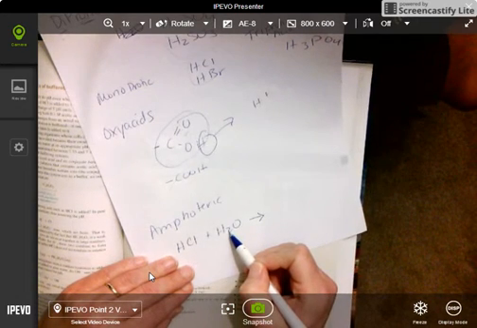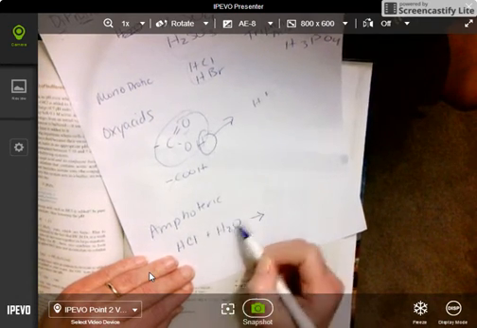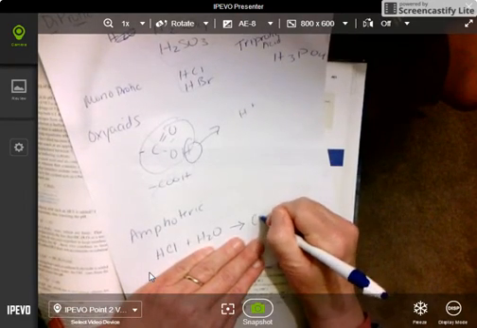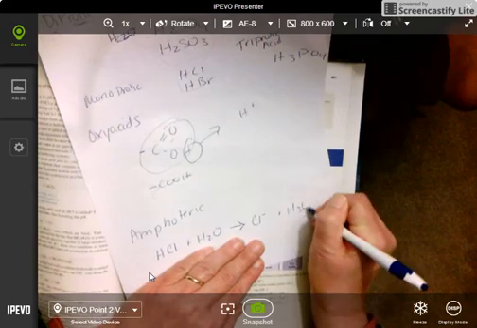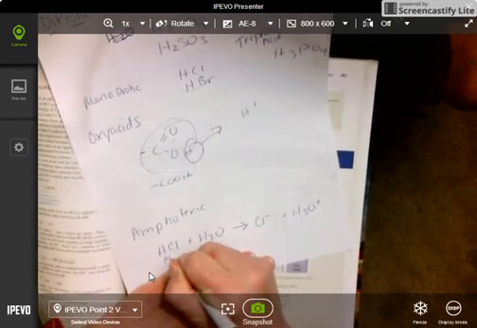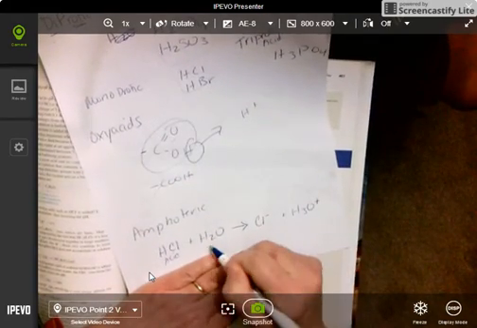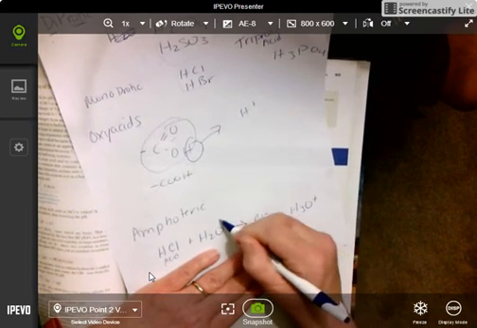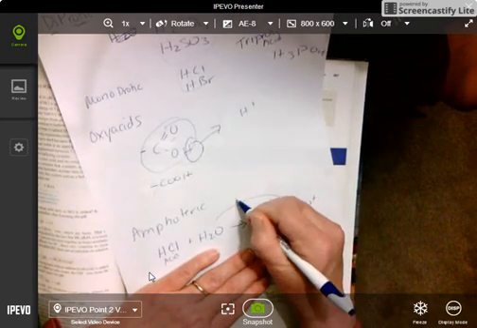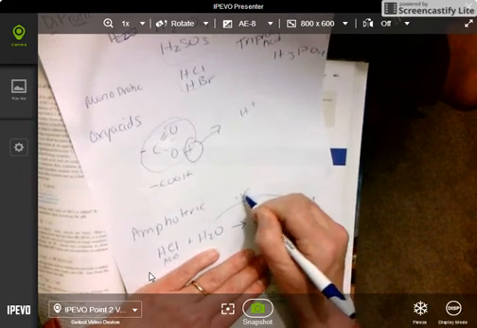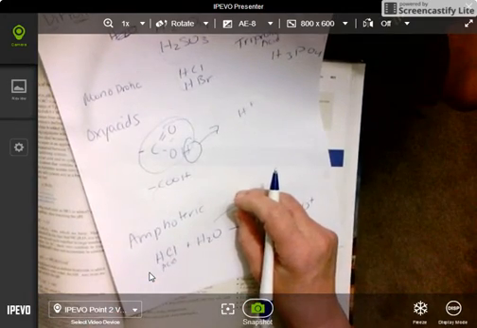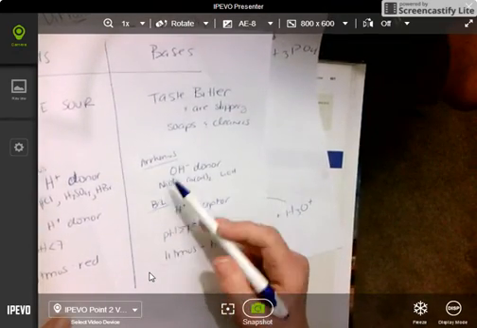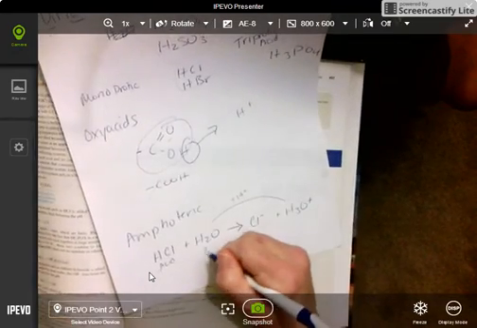But water is neutral, so you don't think about it as a base. But when this reaction occurs in the forward direction, it goes to Cl minus and H3O plus. So this is the acid, right? And because this accepted a proton, it added a proton, what did we say all the way back here? What's a proton acceptor? A Bronsted-Lowry base. That makes this a base.